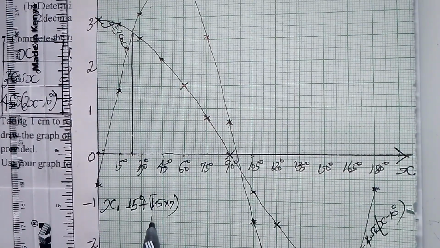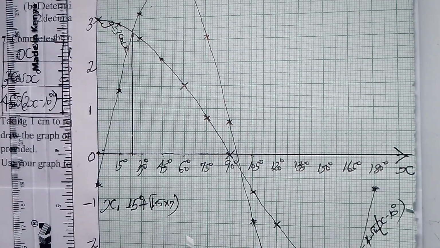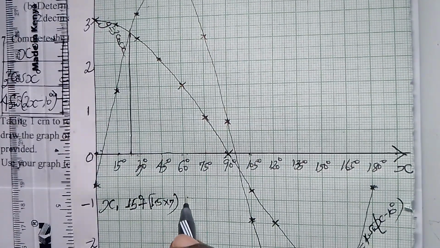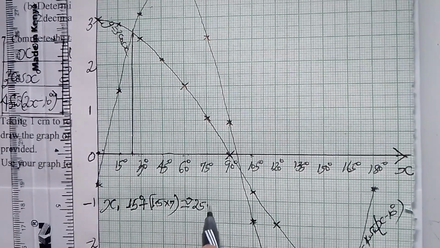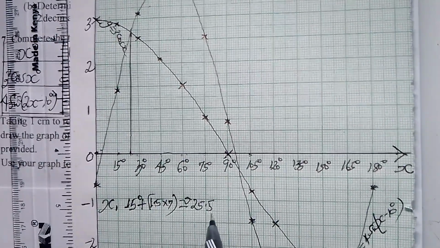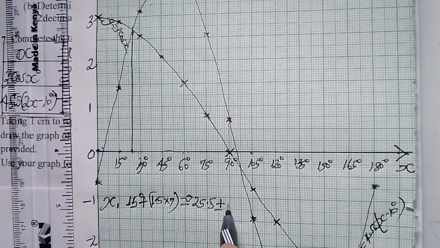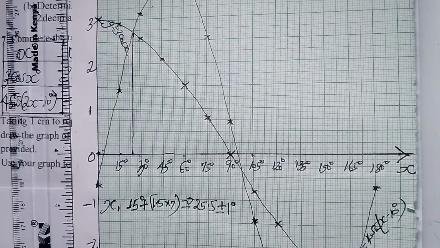So 1.5 multiplied by 7 gives you 10.5. So 15 plus 10.5, that gives you 25.5. So this gives you approximately equal to 25.5. Of course, plus or minus 1 degree, the level of accuracy.